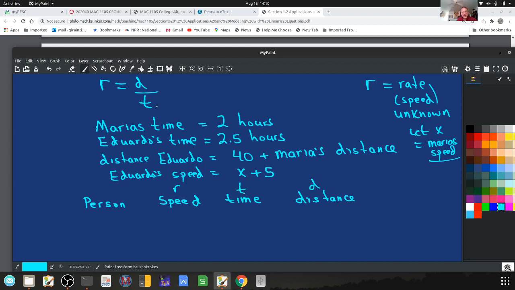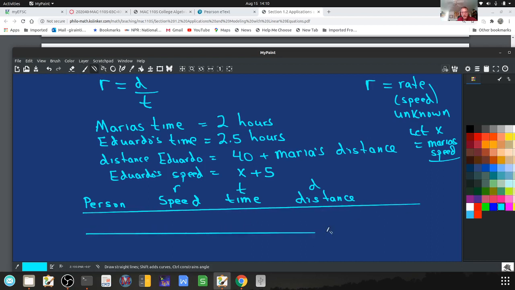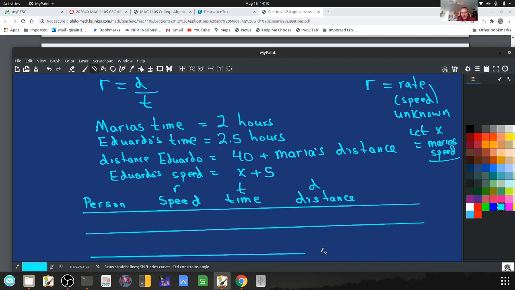Because our guiding equation has those three variables. So let's go ahead and begin to make this table. Hope I've given myself enough room.